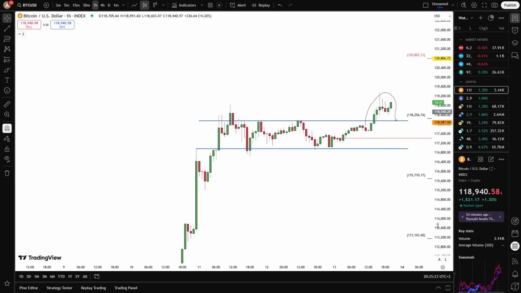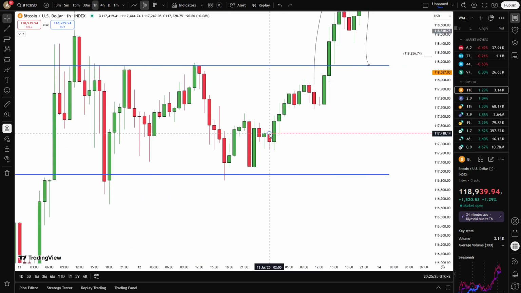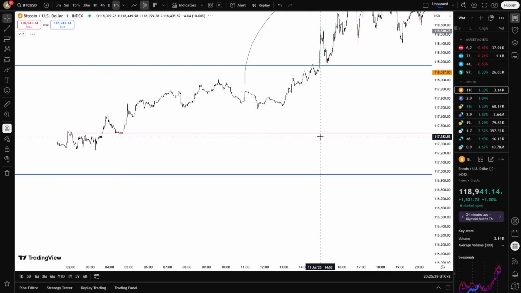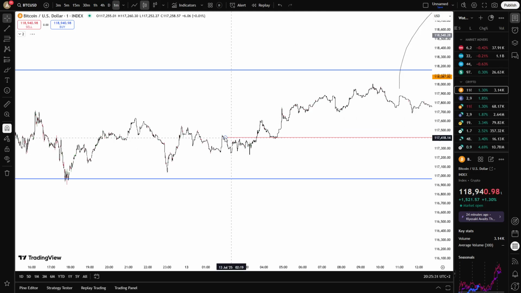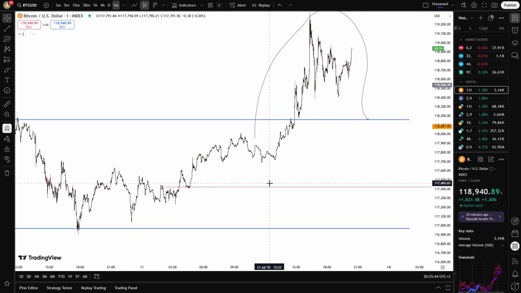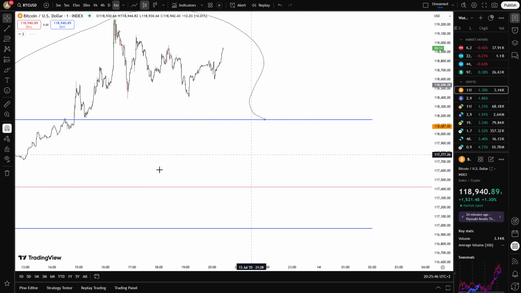And now look what happened from that open onto the lower time frame. We get a tiny move towards the downside, get a deeper move towards the downside, take out liquidity, reverse, right from the daily open. The easiest strategy in the book.